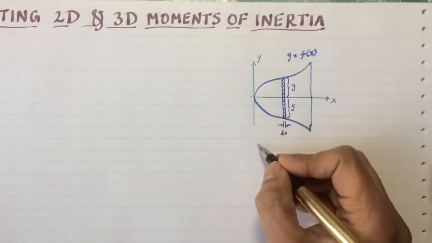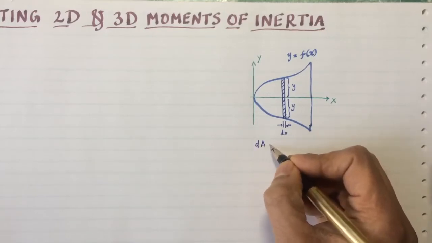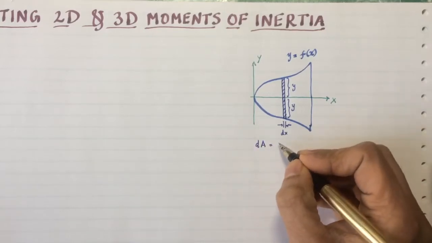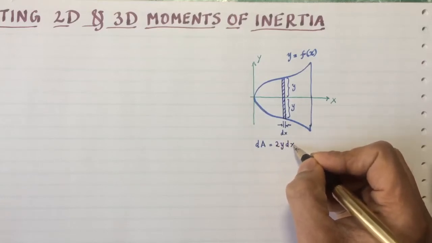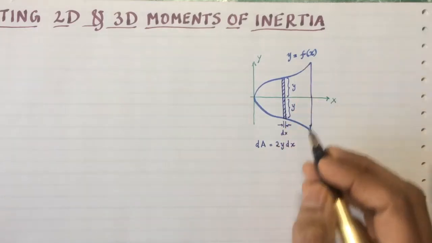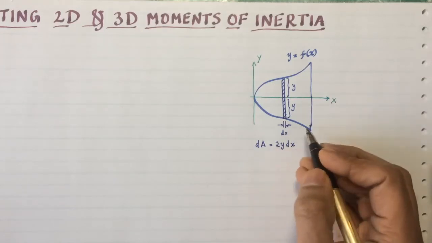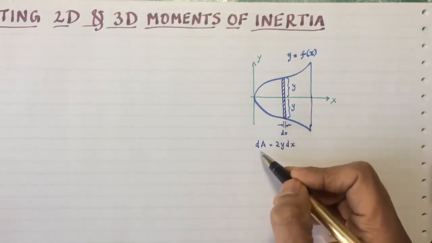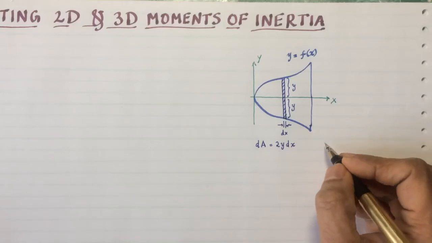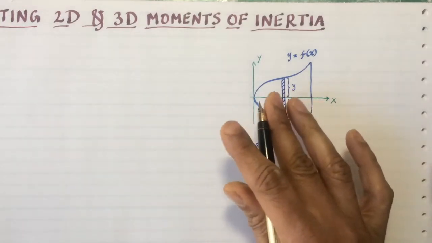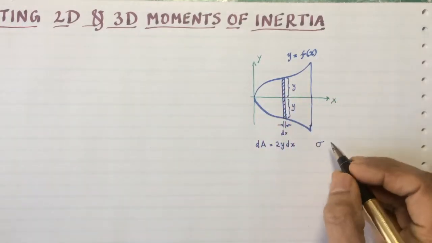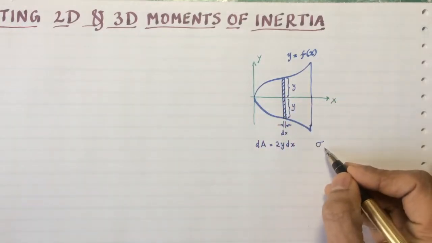And so the area for this 2D object is going to be 2y times dx, where y is a function of x. And for the conversion of area into mass, I'm going to use what's called a two-dimensional mass density. This density can change from place to place, or it can be constant. I'm only going to consider the constant case here.